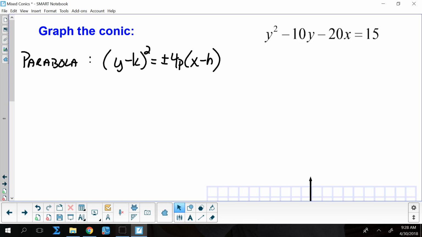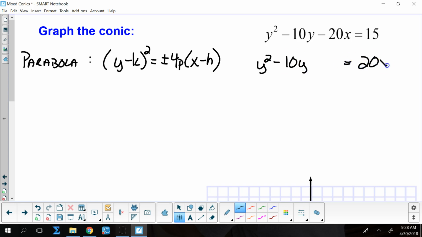So we now need to complete the square. I'm going to set up this equation and space it out, if you will, by moving the 20x to the other side, because in my standard form, the only thing I have on the left side is that squared term and that squared term's variable.